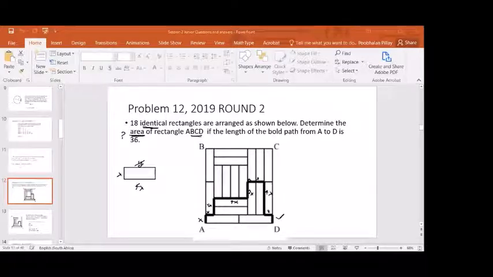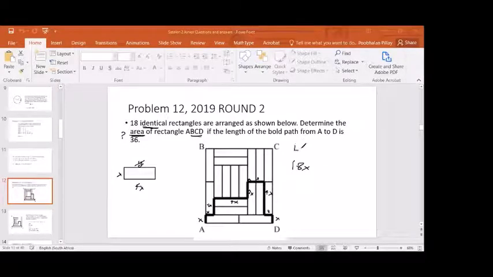I know the writing is a little bit small, but hopefully you can see it. And now all we have to do is add up all these sides. There's all the dark edges, right? You got x plus 2x plus 4x plus 2x plus x plus x plus x. If you do all that, you'll see that you get 18x.